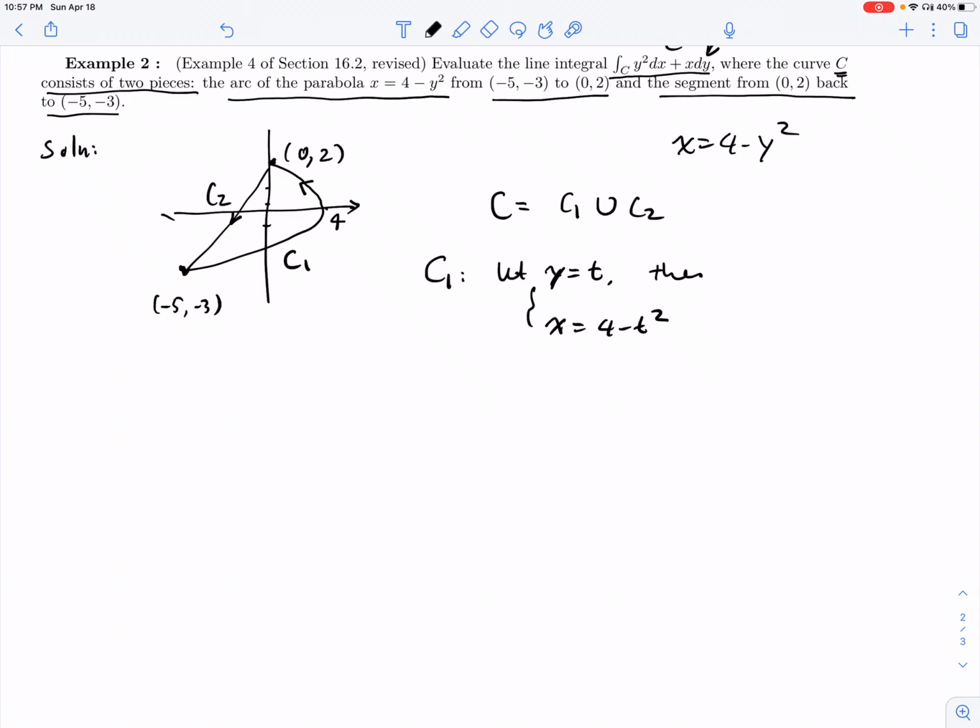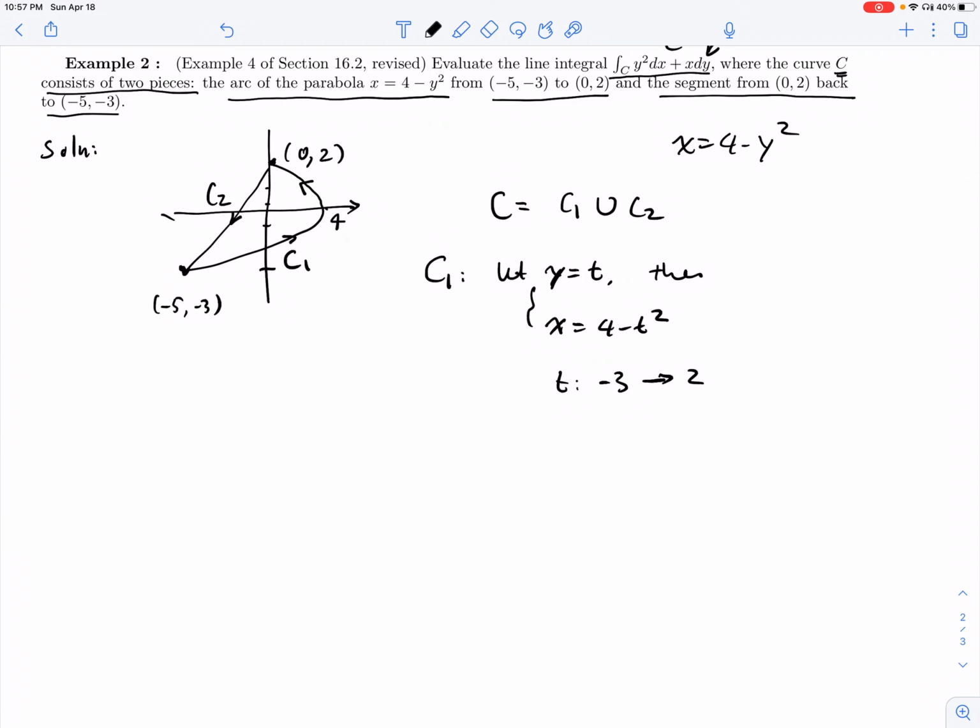So this is for C1. And then also, you need to look at what's happening to this t. T actually goes from -3 to 2, because that's where y is moving. When y is moving from -3 to 2, your point is moving on this parabola.